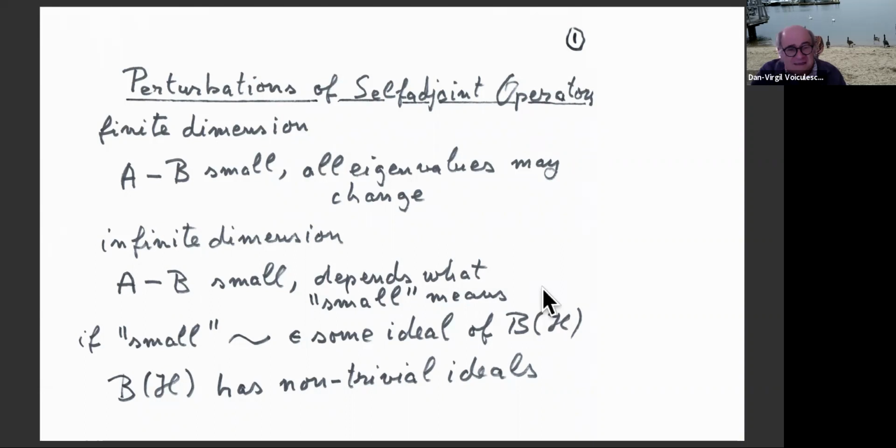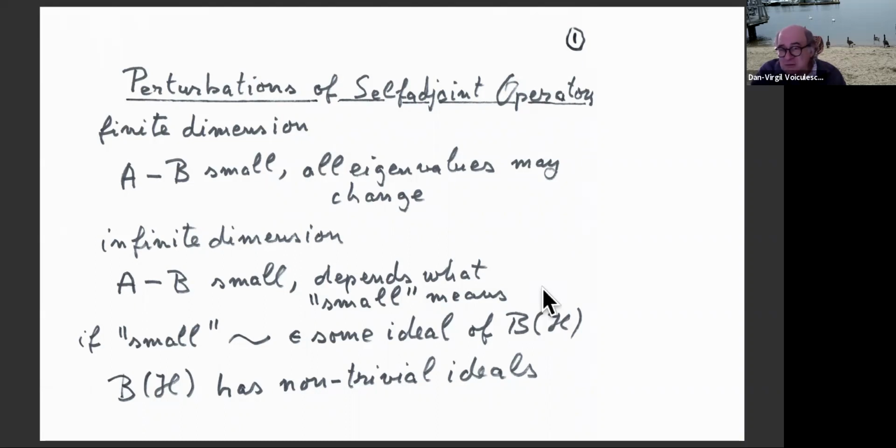Everything changes, the eigenvalues change, there is nothing preserved in finite dimension. In infinite dimension, this is not so. If the perturbation is small in a suitable sense, then a part of the spectral structure is preserved. That's the difference between finite dimension and infinite dimension.